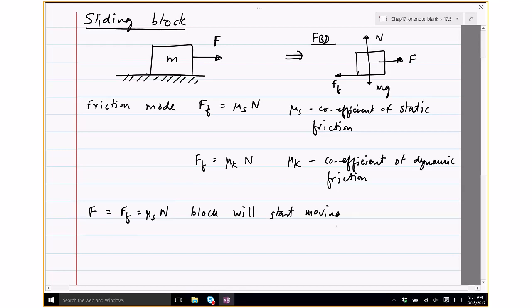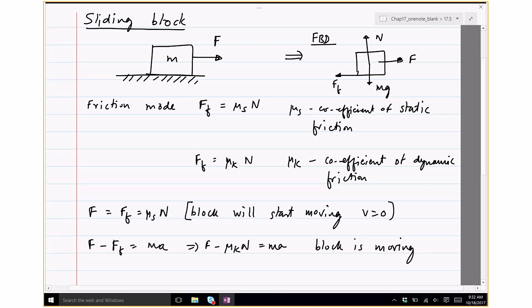However, once you get into motion, what acts is not the static friction but the kinetic friction. So F minus Ff equals ma, or F minus mu k n equals ma. The block is moving. So this is v equals 0.